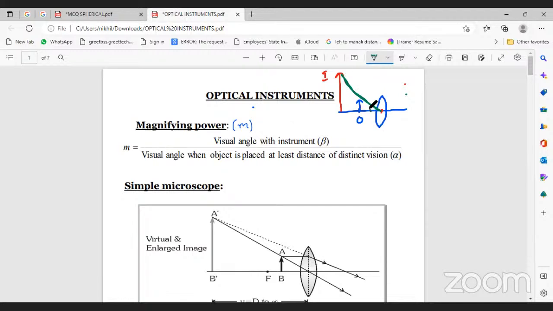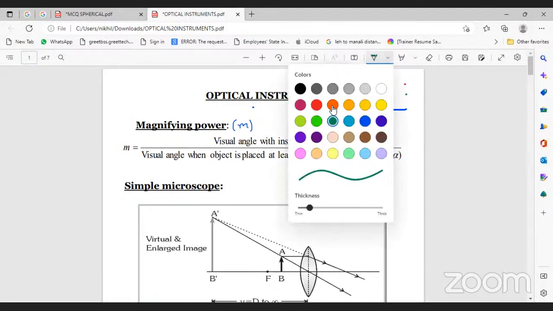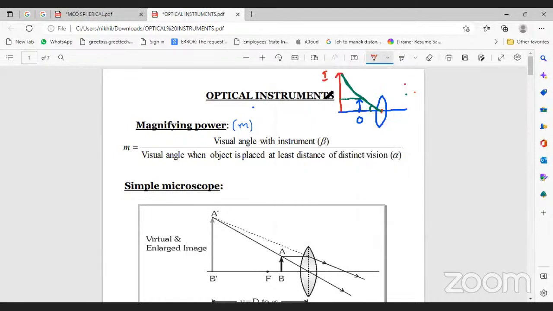I will consider this angle as beta. Now I drop one perpendicular line from the object, and an angle is formed at the object. I will take this angle as alpha. This is alpha, this is beta.